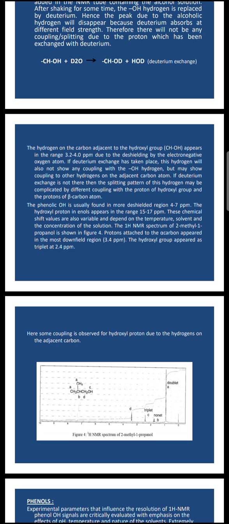If deuterium exchange has taken place, this hydrogen will also not show any coupling with the OH hydrogen but may show coupling to other hydrogen on the adjacent carbon atom. If the deuterium exchange is not there, then the splitting pattern of this hydrogen may be complicated by different coupling with the proton of hydroxyl group and the protons of beta carbon atom.